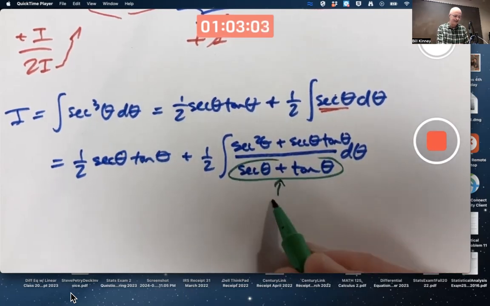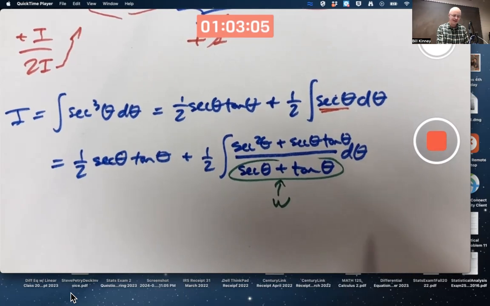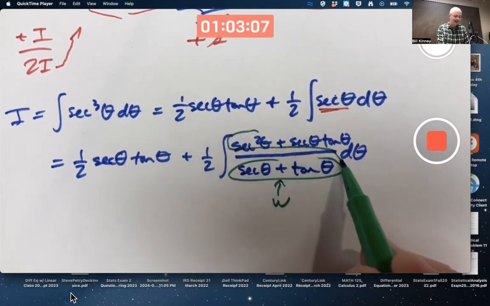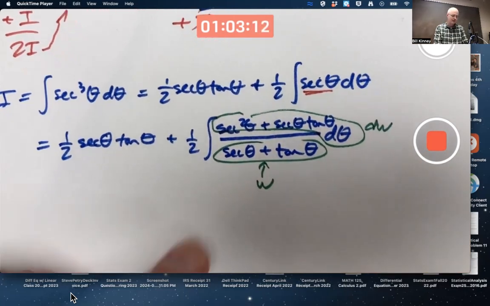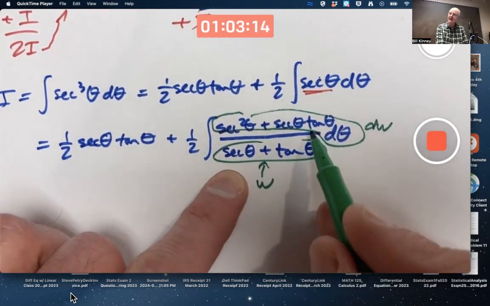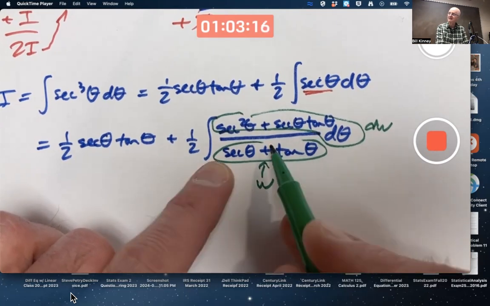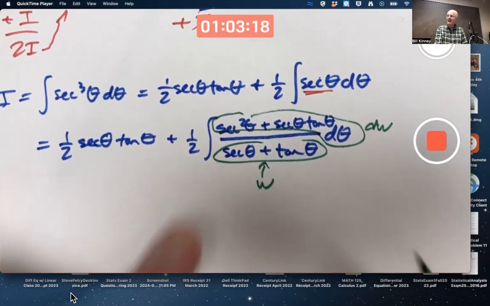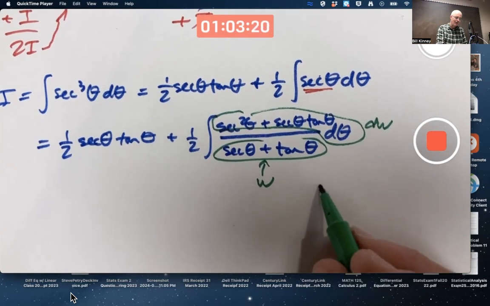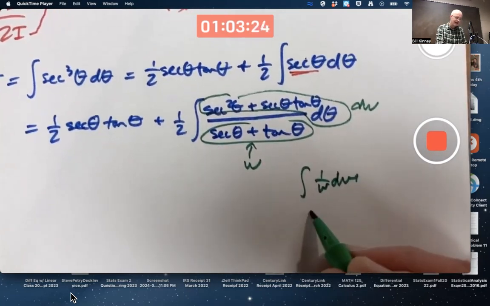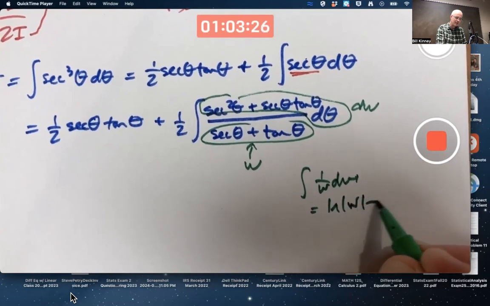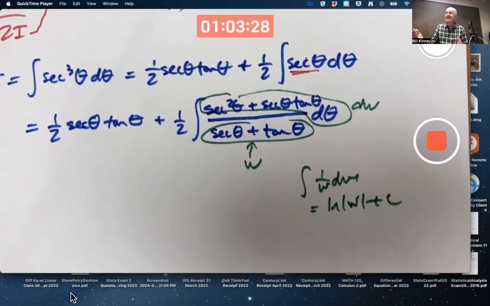If this is W, then all of that is dW. The derivative of secant is secant times tangent. The derivative of tangent is secant squared. We're integrating 1 over W dW. ln of the absolute value of W plus C. It's easy.